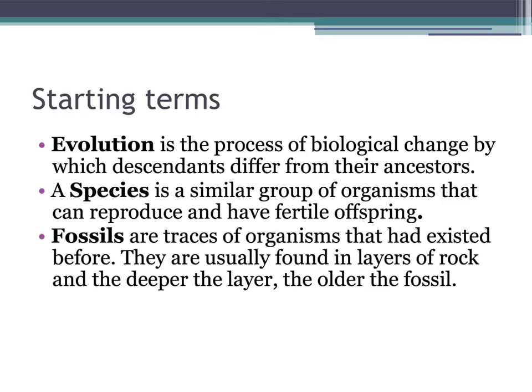When we're talking about evolution, we're going to specifically talk about species. A species is a group of organisms that can reproduce and have fertile offspring. I always like to use an example of this. For example, we can't have a dog, that's his tongue sticking out, and a cat.